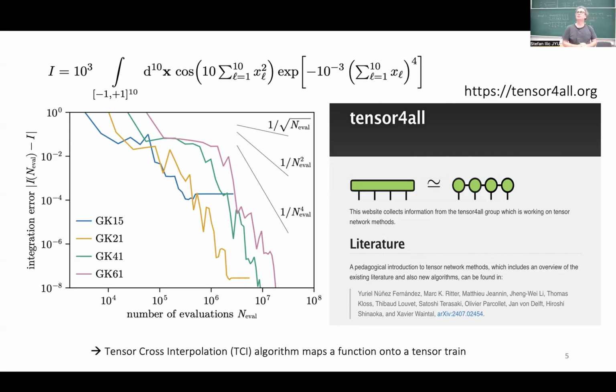Yes? What do you use here as the benchmark? No benchmark. This we benchmark against ourselves. And this is actually the point of this particular integral. There is no other technique on the planet that can calculate this that I'm aware of. Why? Because it's 10D, and also because of the cosine.